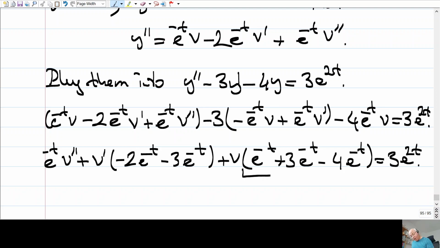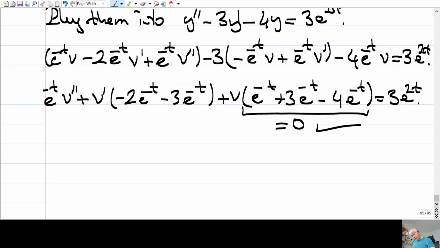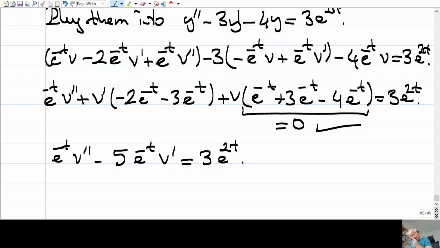And this is the checkpoint, right? We need to have this thing be 0, and it is 0. So our equation is then what? e to the power minus t v double prime plus v prime, minus 5 times e to the power minus t v prime, equals 3 times e to the power 2t.